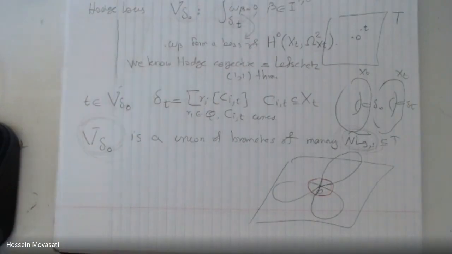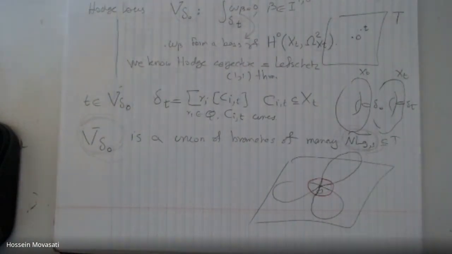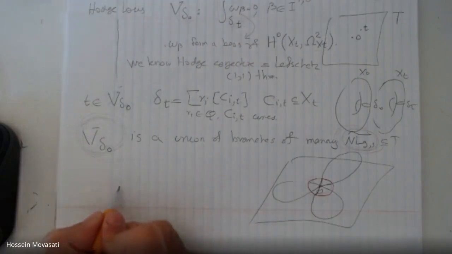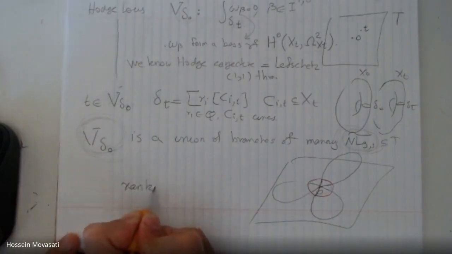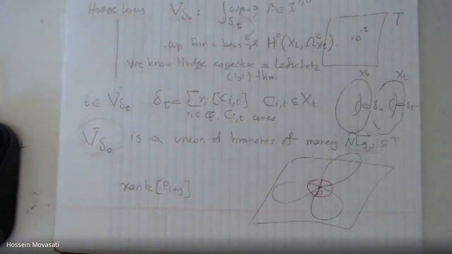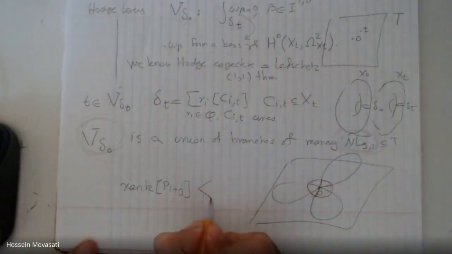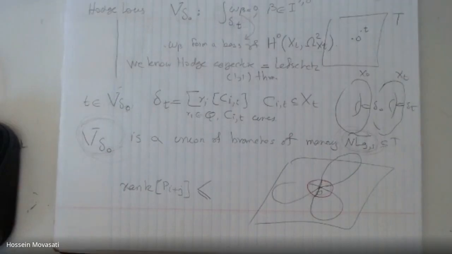Anyway, I don't want to focus on this. So maybe what else? Maybe I tell you about the rank of this Pi plus G. The rank has a trivial upper bound.